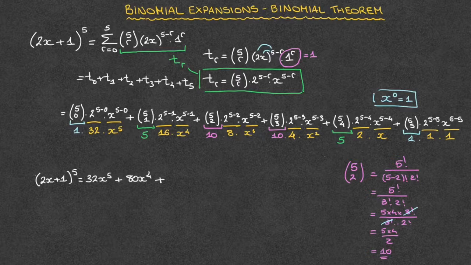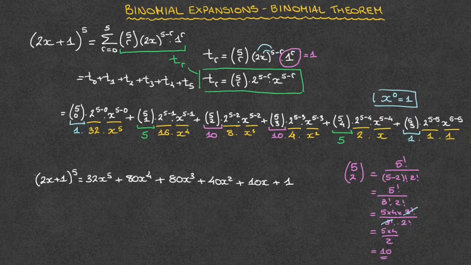We add to that 10 times 8 times x to the power of 3, so that's 80x to the power of 3, and we add on to that 10 times 4 times x squared, so that's 40x squared. We add on to that 5 times 2 times x, which is 10x, and finally we add to that 1 times 1 times 1, which is just 1.